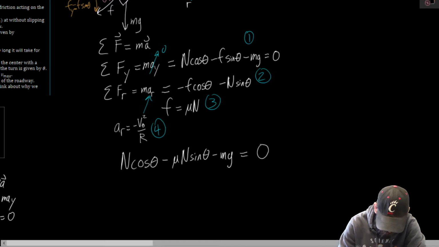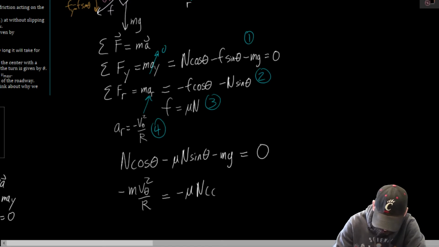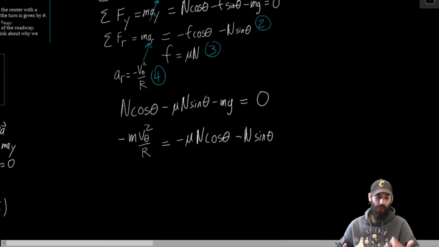And then we're going to have minus mv theta squared over r is going to be equal to minus mu times n times cosine of theta minus n times sine of theta. Okay? So now we're down to 2 equations, 2 unknowns.